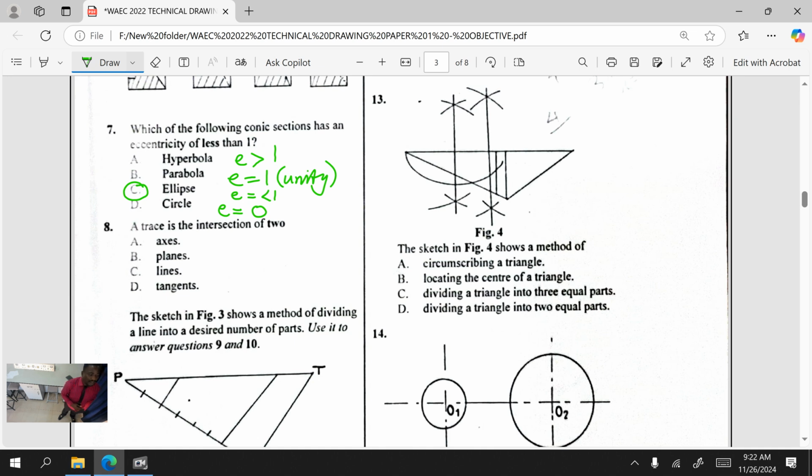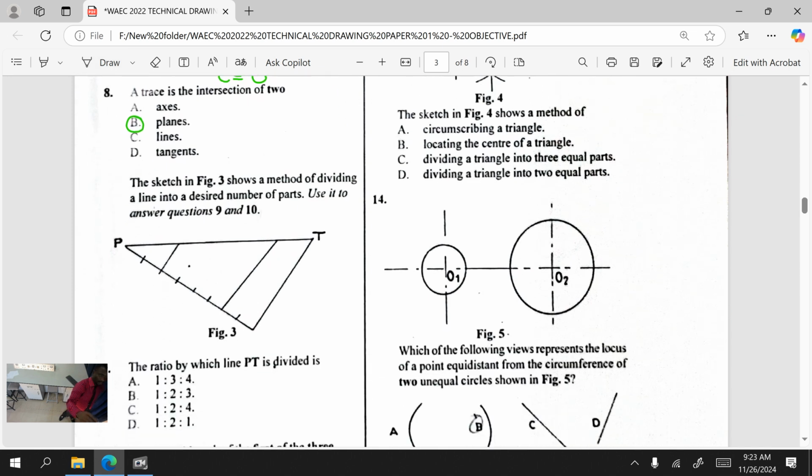We also have a trace of planes. When a line is coming from two planes and they are intersecting each other, we also call this a trace. So it could be a line intersecting a plane or two planes intersecting each other. So the answer is B, planes.